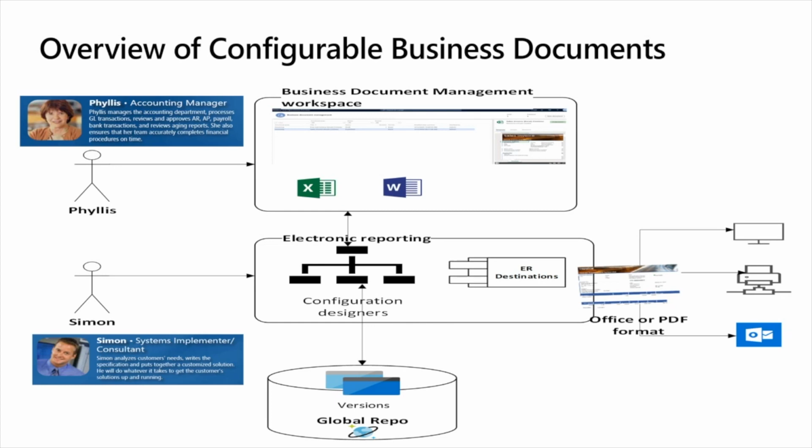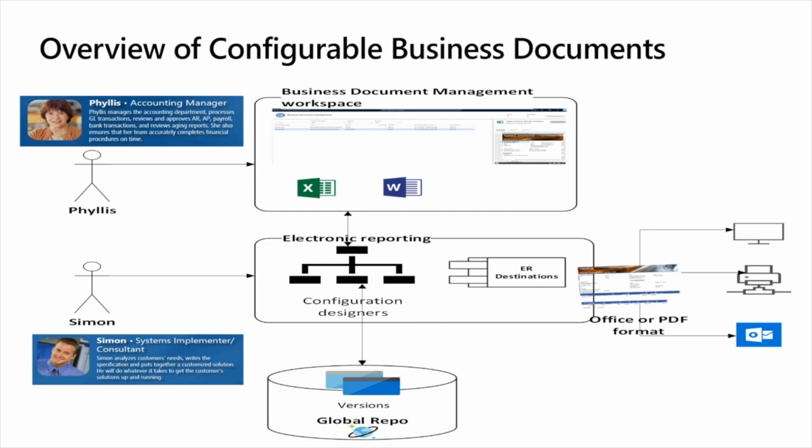So when we talk about configurable business documents, we have 2 layers and 2 main personas. On top, we have Phyllis. She's an accounting manager, a business person responsible for financial operations, and she wants to have a last mile customization in Office for her, let's say, invoice, payment, and other types of reports.